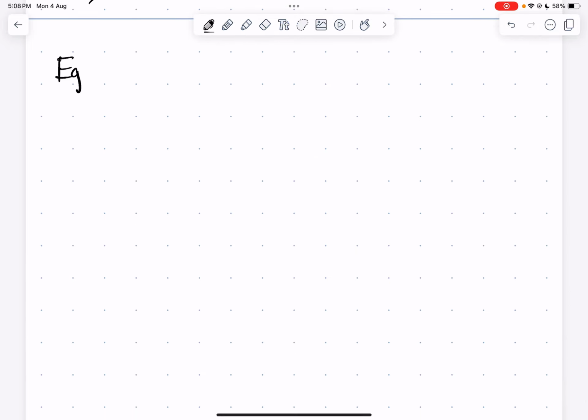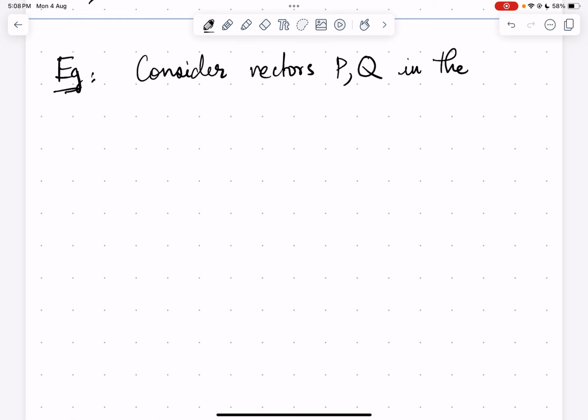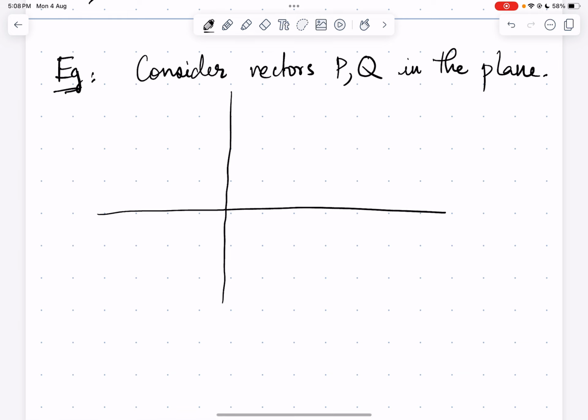We look at an example. So consider vectors PQ in the plane. Given two vectors, you can always translate them so that they begin at the origin. A vector is just determined by its length and direction.